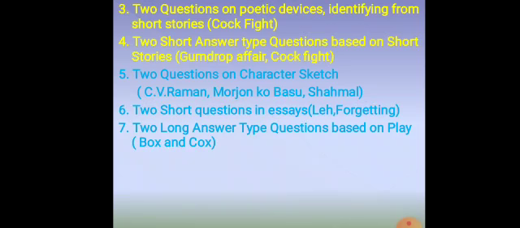Finally, we'll be asked one long answer type question which will be based on a play, that is Box and Cox. You have to read Box and Cox and summarize it in your own words. Then you can easily answer the question which will be asked in our examination paper.